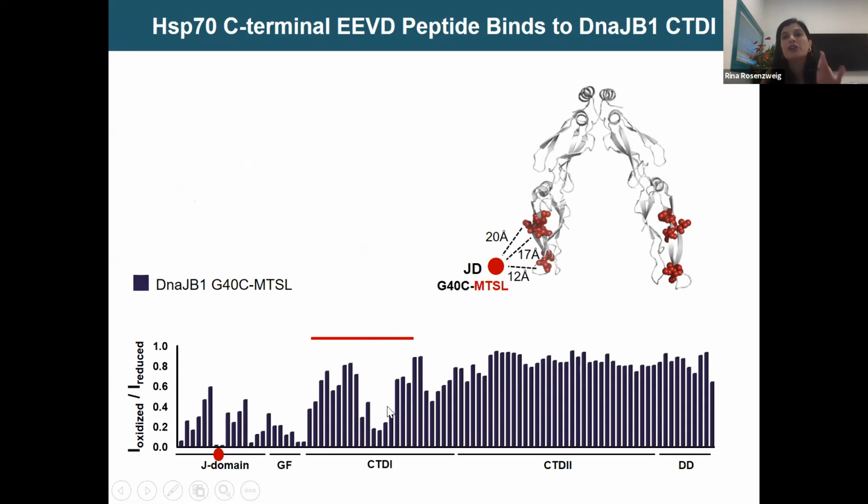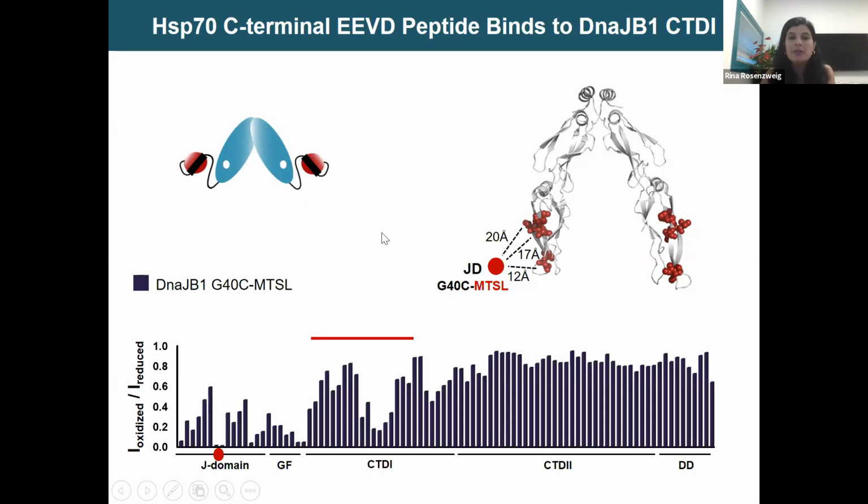If we measure the R2s and calculate the distances using the spin label, we can see that residue 40, which we spin labeled, is found between 12 to 20 angstroms away from residues in CTD1. So in fact, the J domain is found really, really close to CTD1, in an interaction which we think is mediated by the GF region.